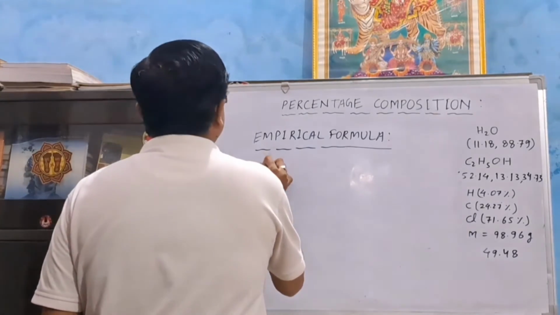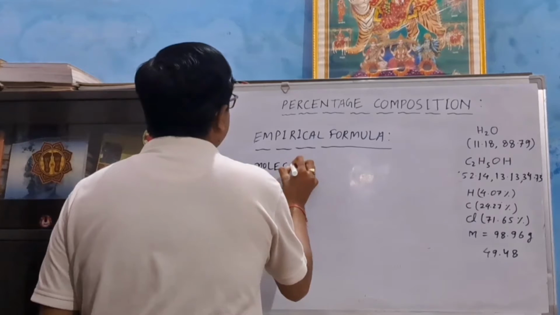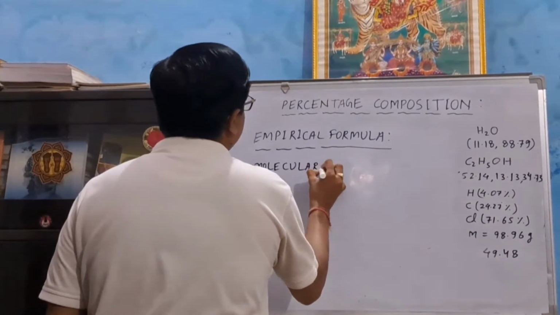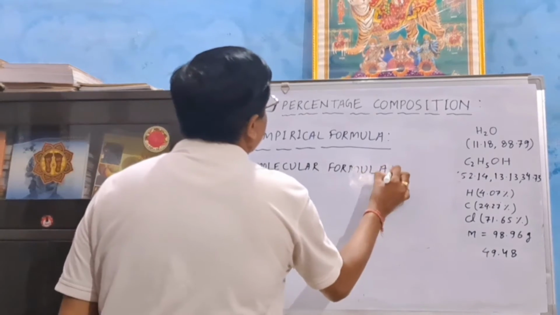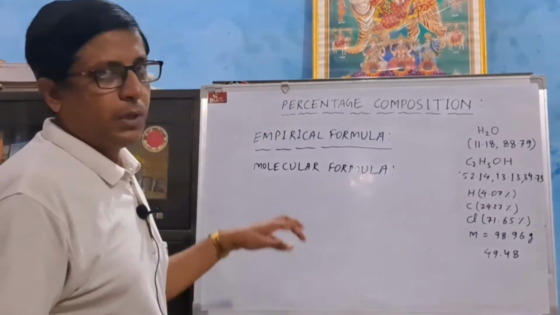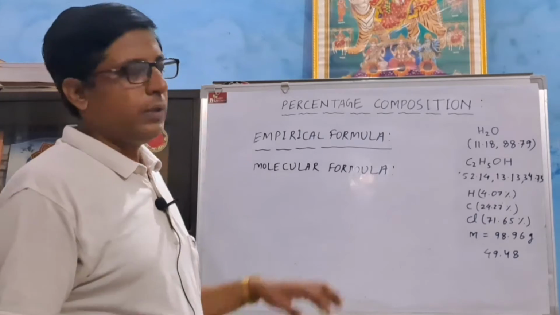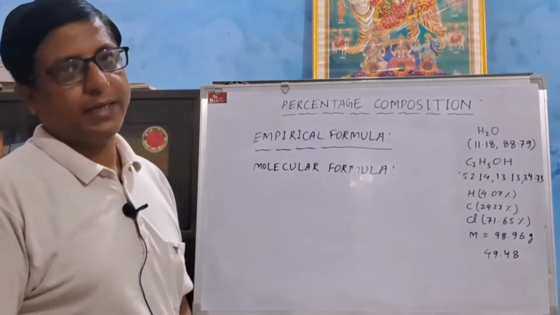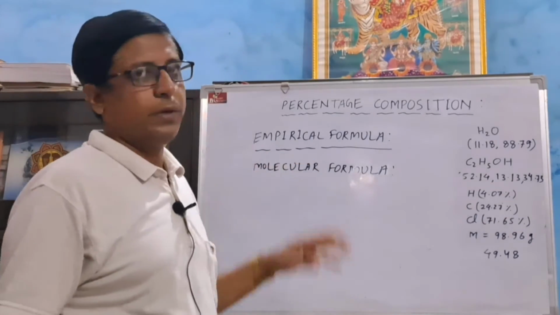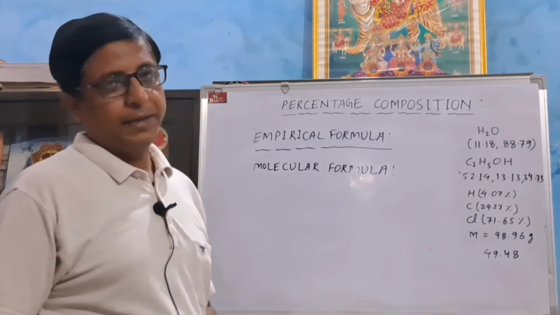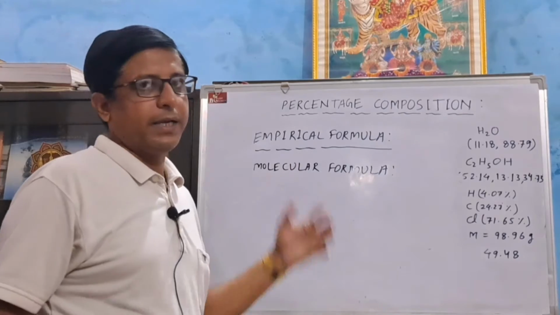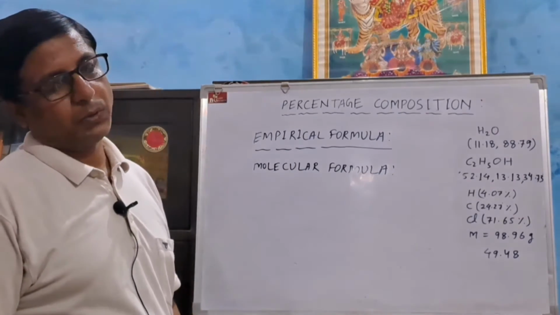However, by molecular formula, we obtain the exact number of different elements present in the compound.